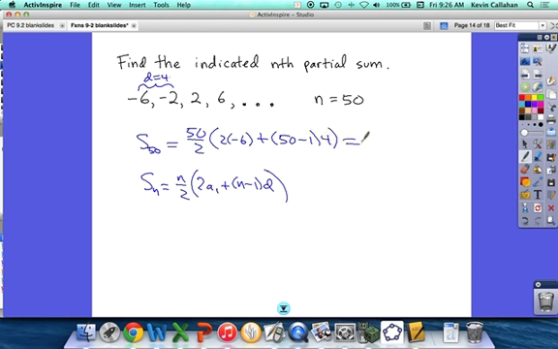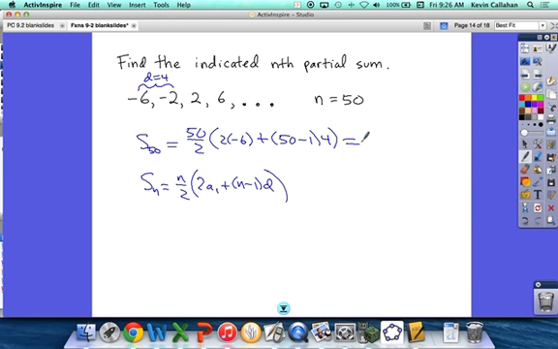And like I said, we can just put that all in the calculator in one fell swoop, as they say. Clear. 50 over 2, I'm just going to call that 25, parentheses, 2 times -6 plus parentheses, 49. Oh, I didn't need that.